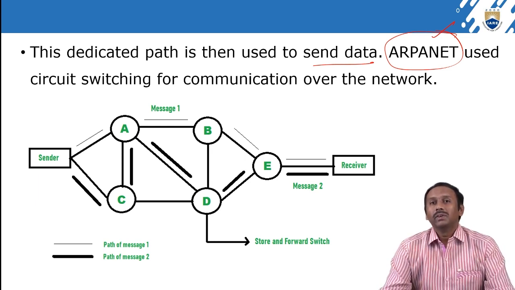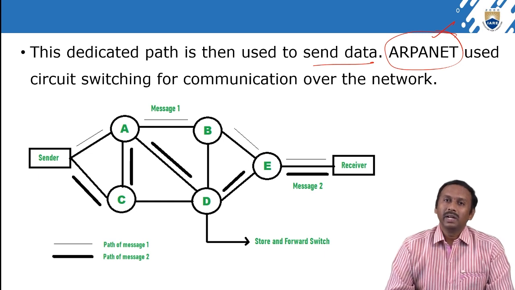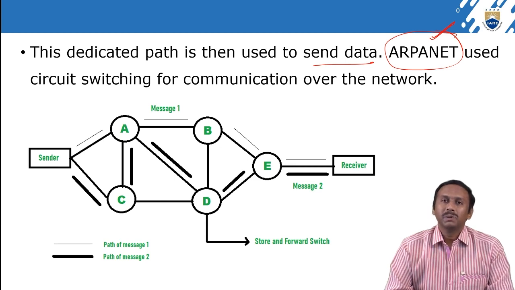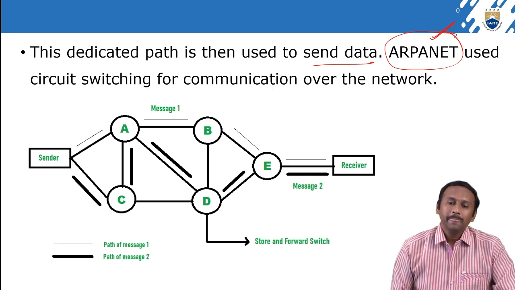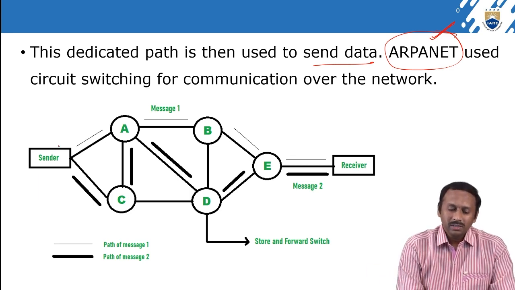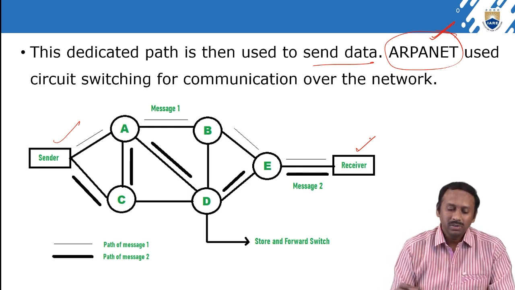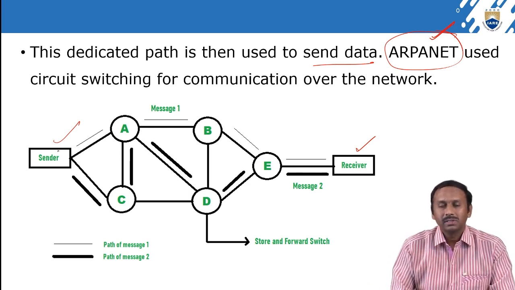So initially, how did they transmit the data? The US defense people started this internet concept, and at that time they transmitted data just like this, with the help of circuit switching. In circuit switching, the sender and receiver are there.